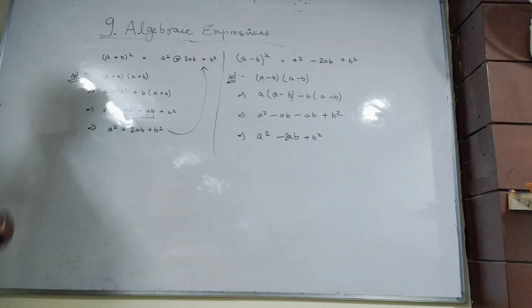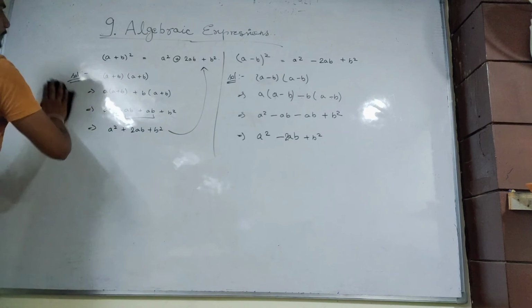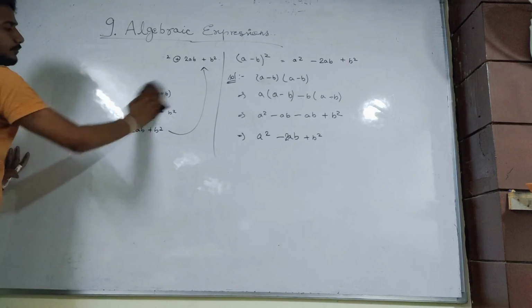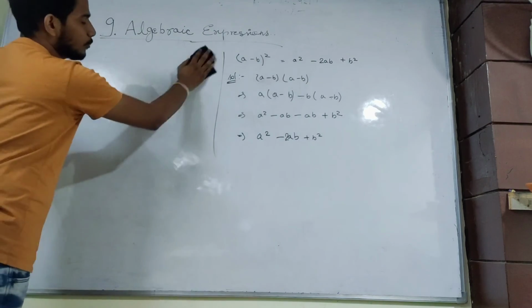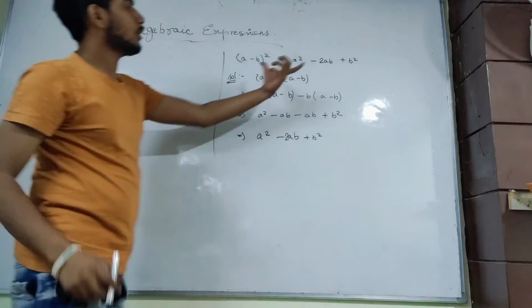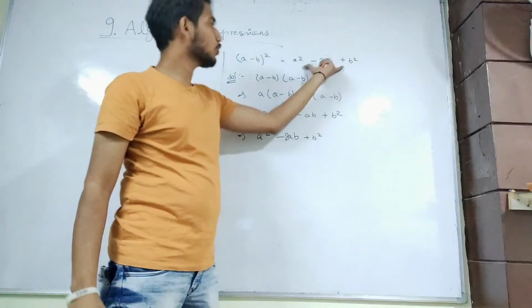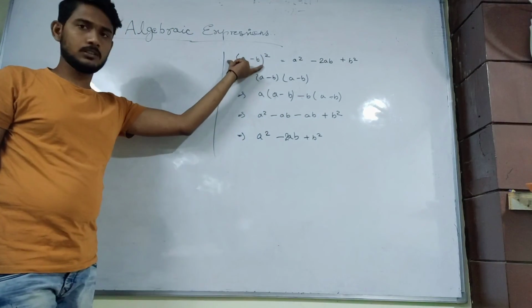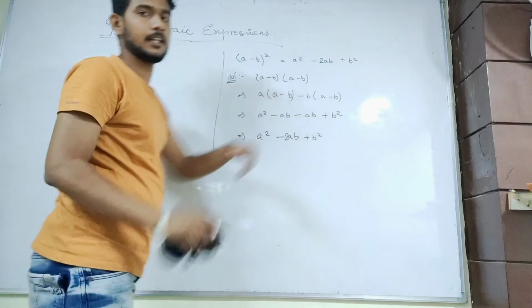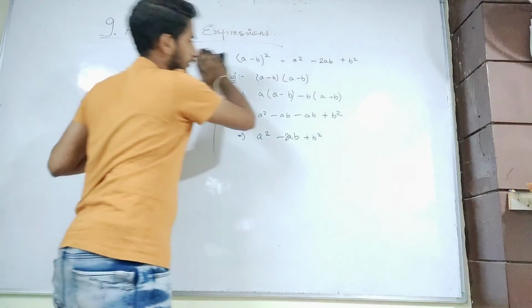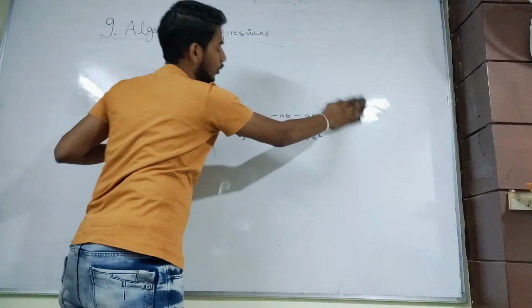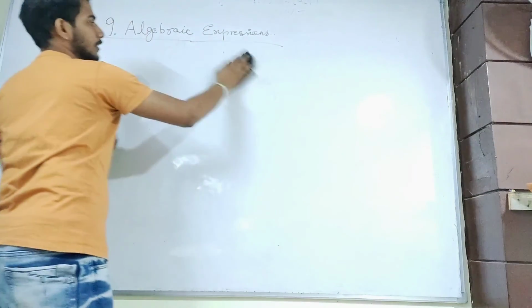This is your three identities. And now we will study the a square minus b square identity. One thing more I have to clear: if the question is given in this form, you can directly convert from this to this, and from this to this, and solve the question. In the rest, all the identities I have told previously.